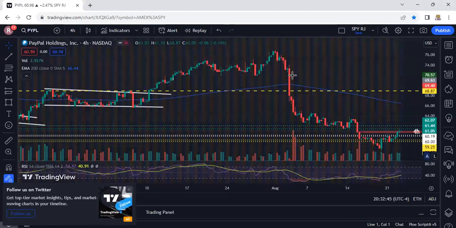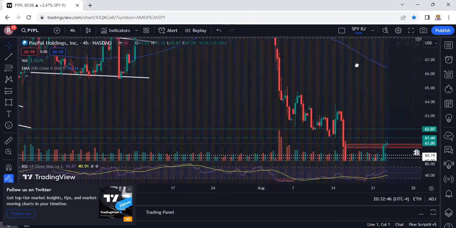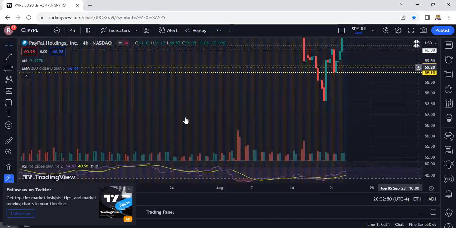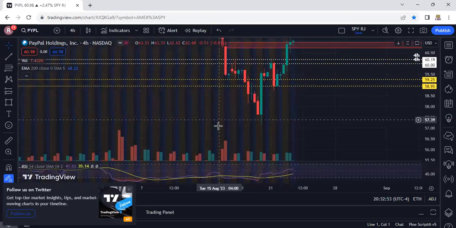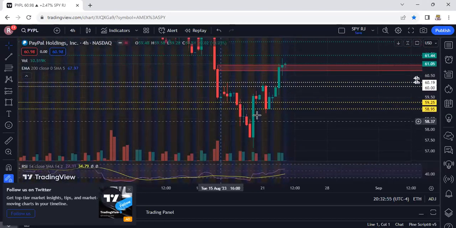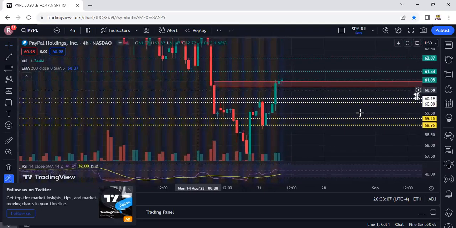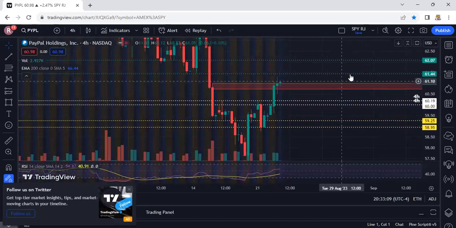Top-down analysis, come down to the 4-hour time frame. We already had the bullish notion because of that bullish engulfing. Two levels, 60, 60.19, right? Now, above this 60.19, my next level wasn't until 61.44.